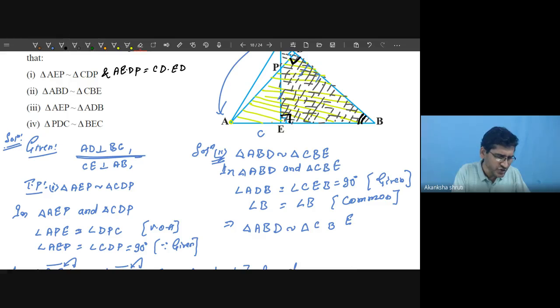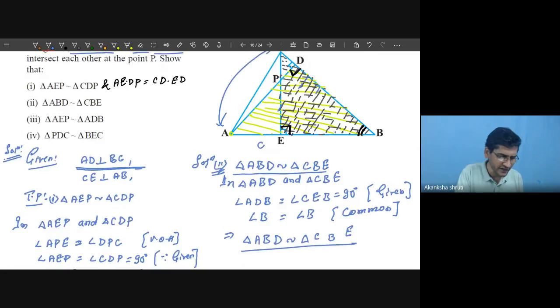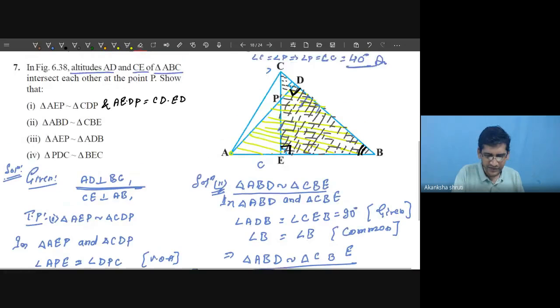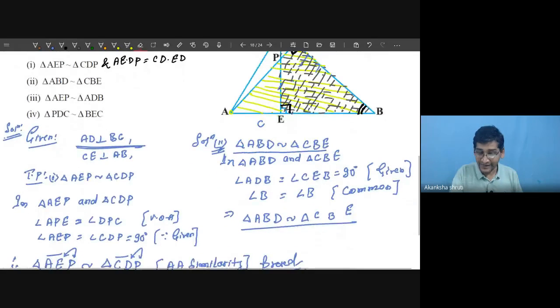The triangle to be proved similar means here this one, the same thing here we are getting. So you can quickly write it without going for correspondence or matching each and every vertex. That way you can write quickly and save time in the examination.